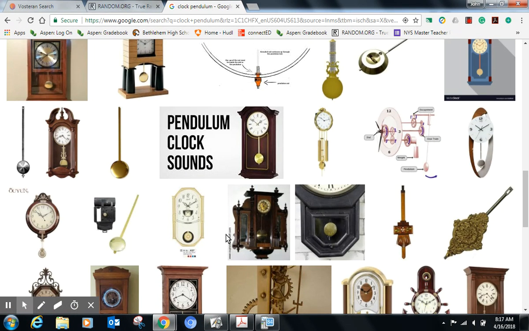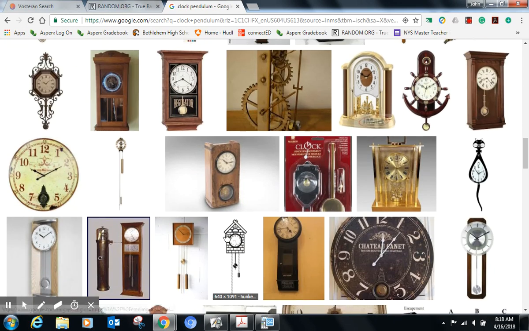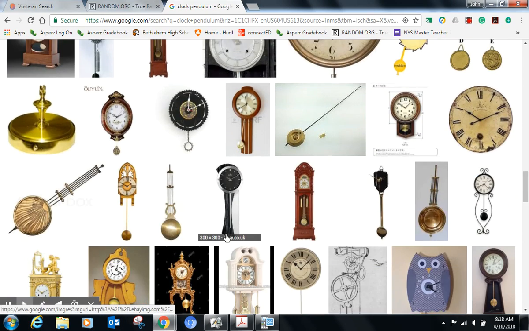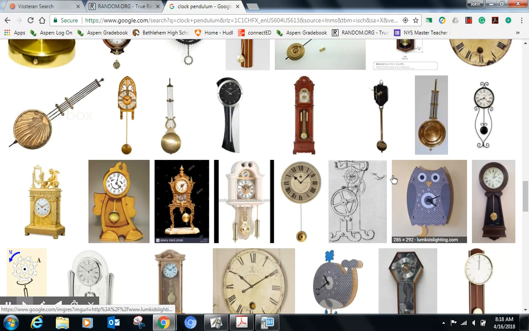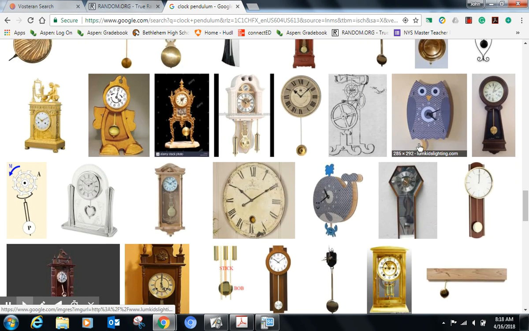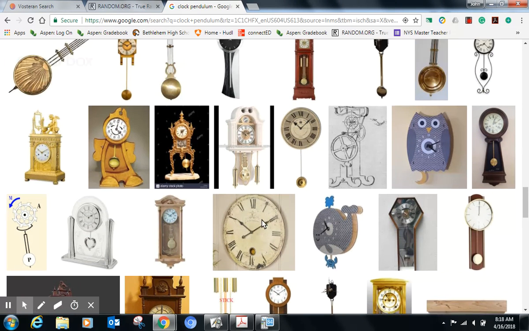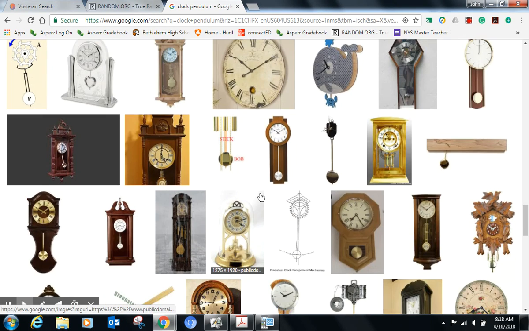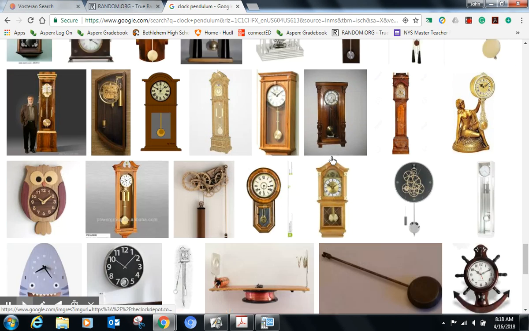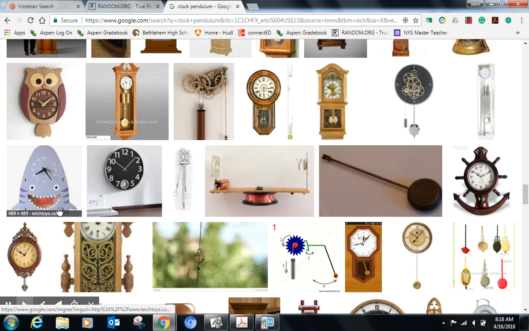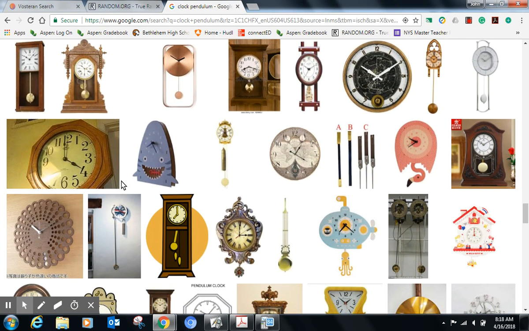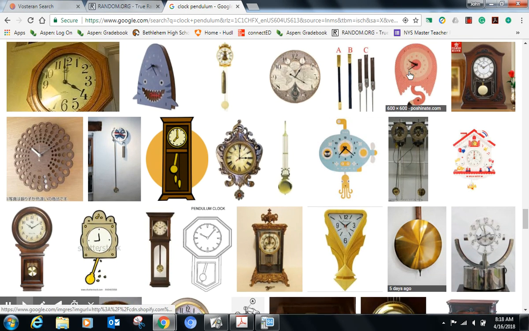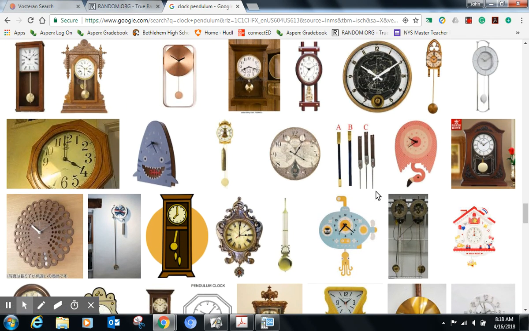We're getting a good one. The inside workings here. Oh, that's cute. Little owl tail. Oh, little Beauty and the Beast. Nice. Little crab as the pendulum. The whale. Oh, a little shark. There's no pendulum there. The flamingo here. That's creative.